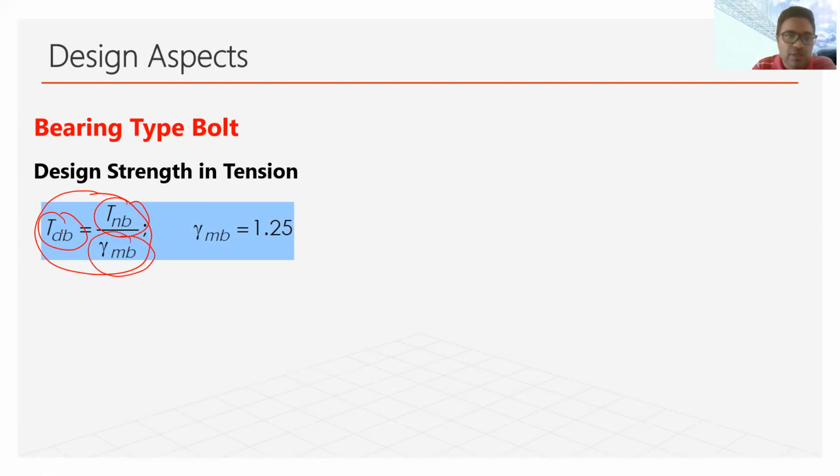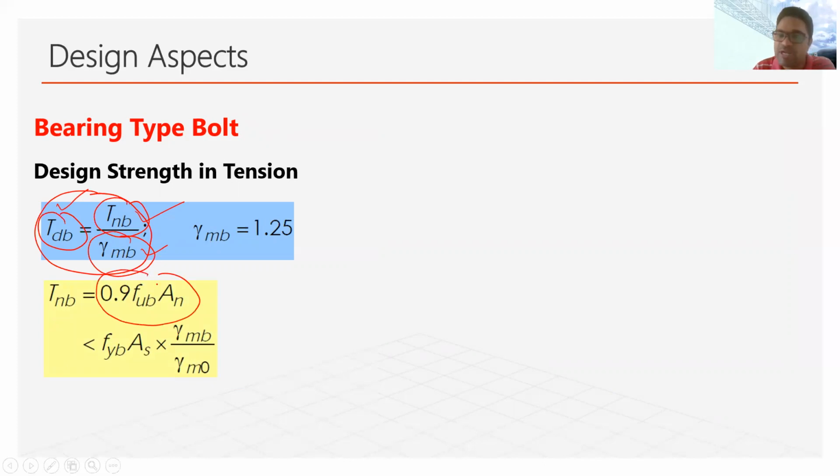So now to get the value of TDB, gamma MB can be determined using the IS code. Now to get the value of TNB, the formula, which is also given in the IS code, to calculate TNB will be 0.9 times FUB into AN.